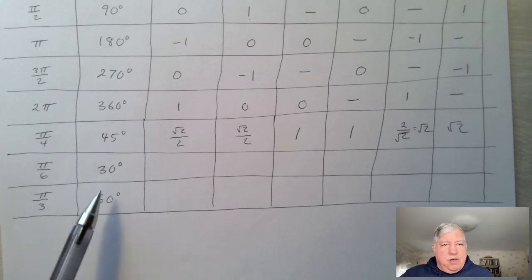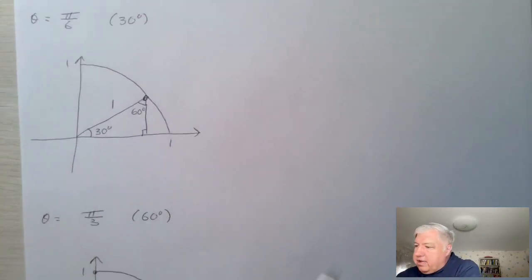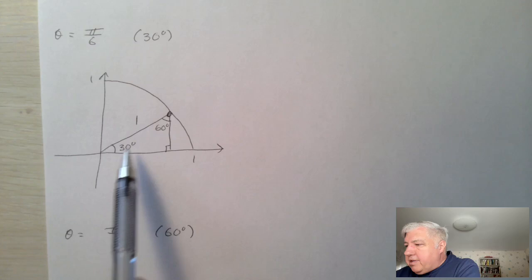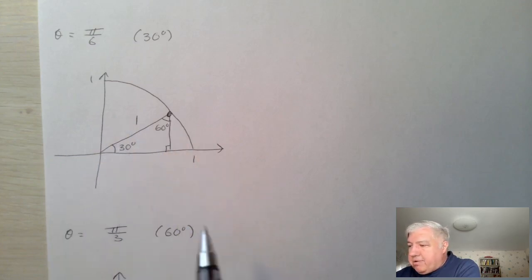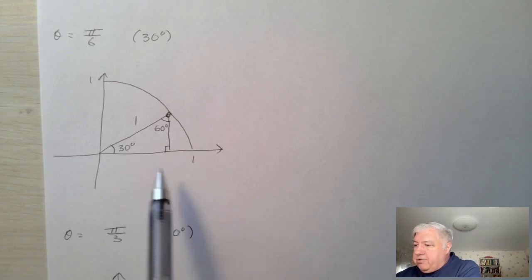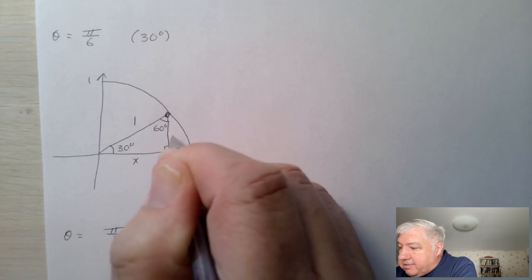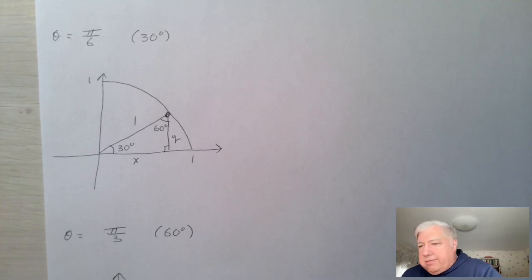Now, what about these other two angles, 30 degrees and 60 degrees? Well, let's do this again, draw a similar picture. We have a triangle where this angle is 30 degrees. Now, obviously, these two sides are going to be different. Let's call this x, and we can call this y. Okay, we get something different. So how can we do this?